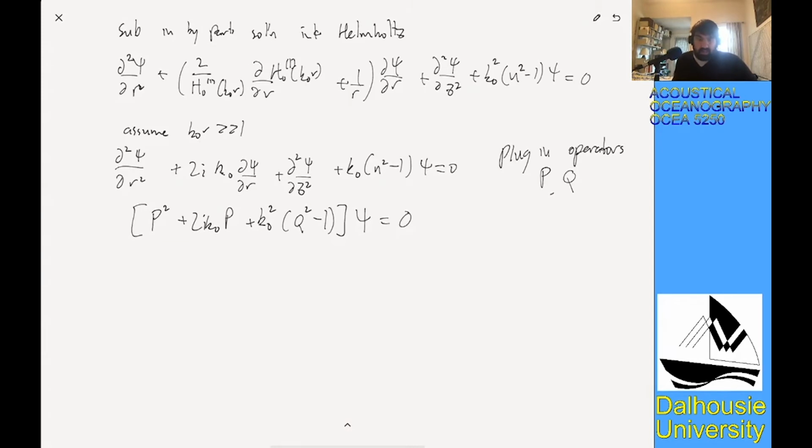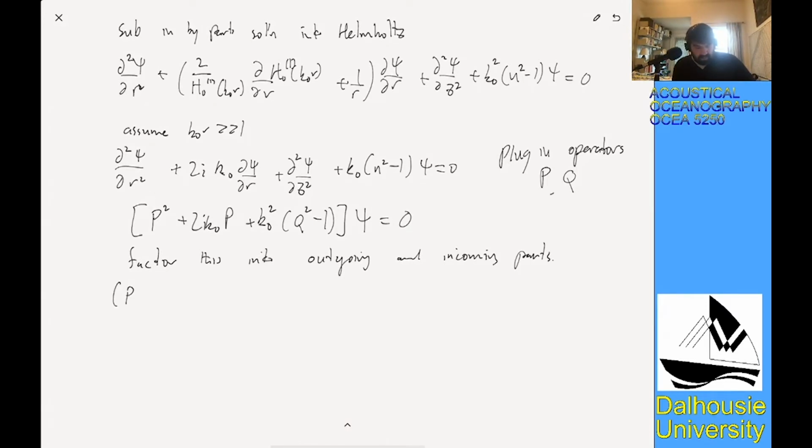So now we want to factor this, right? We have this nice quadratic form. Let's factor this into outgoing and incoming parts, right?